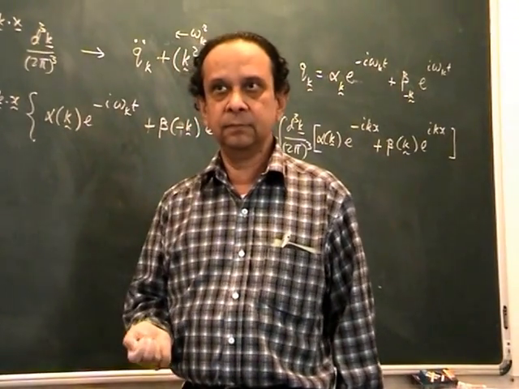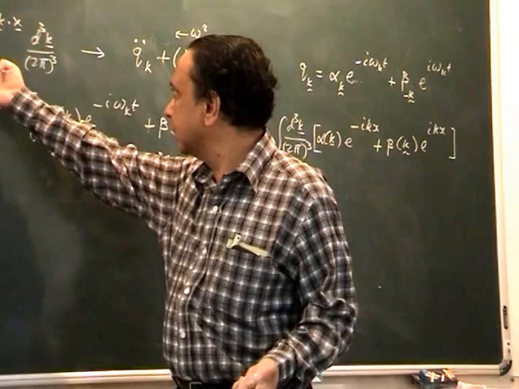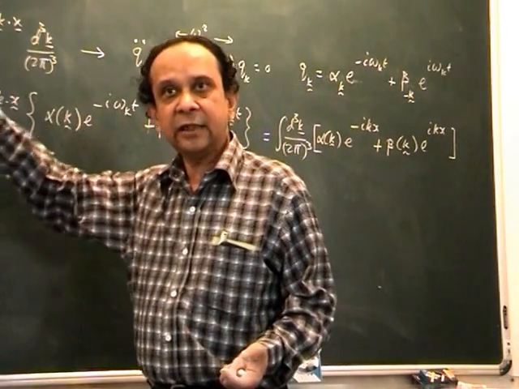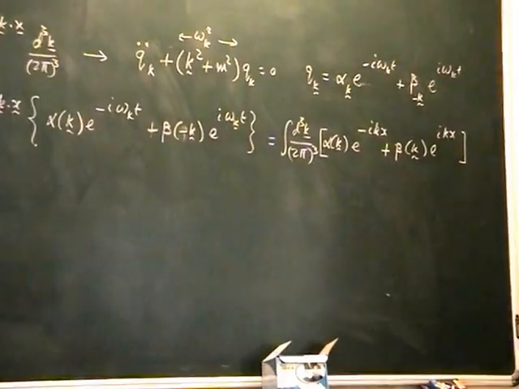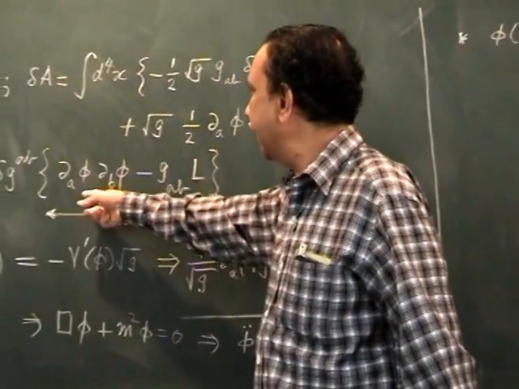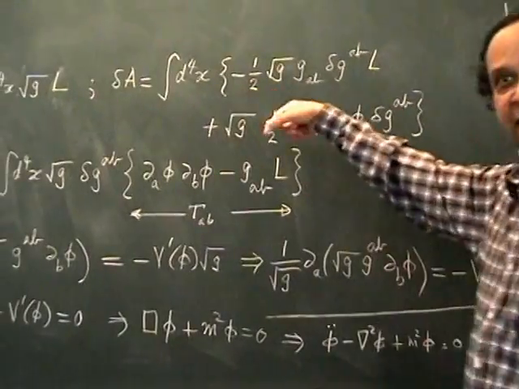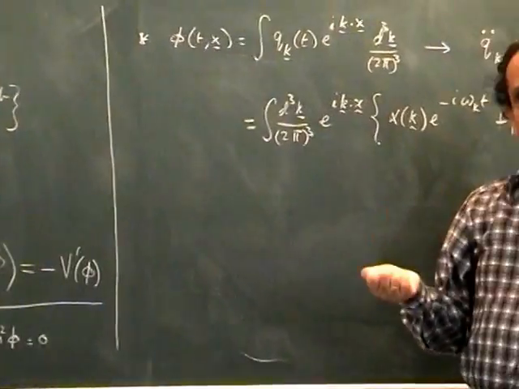action. You can already guess what it would do, because you have these QKs. The action will have a dA phi dB phi with a GAB acting on it. So you are going to get a phi dot square and a del phi square term.